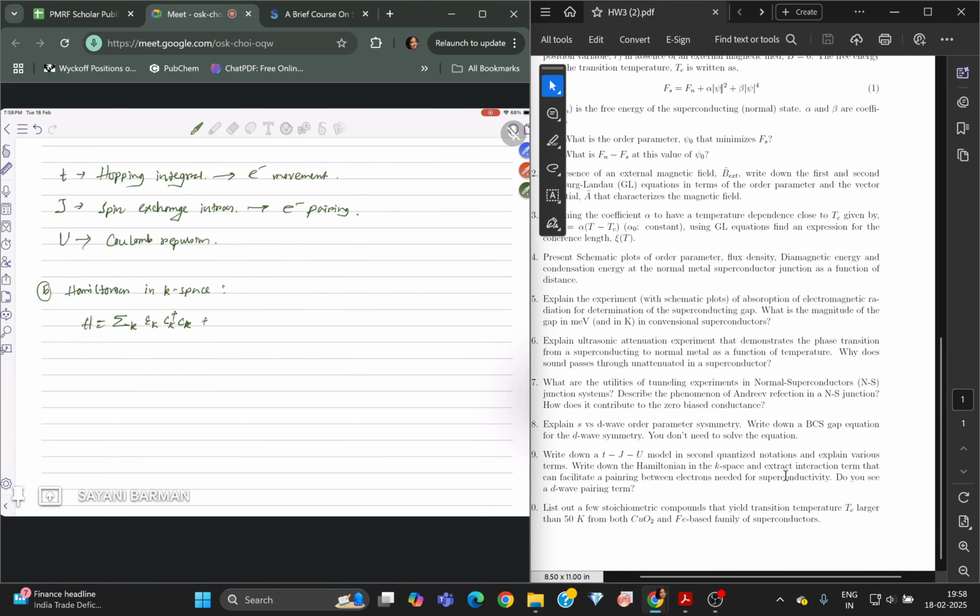I guess in an earlier class we have done this. For certain conditions, this interaction also favors D-wave pairing, like in high temperature superconductors. This also acts as the Hamiltonian when D-wave pairing happens.